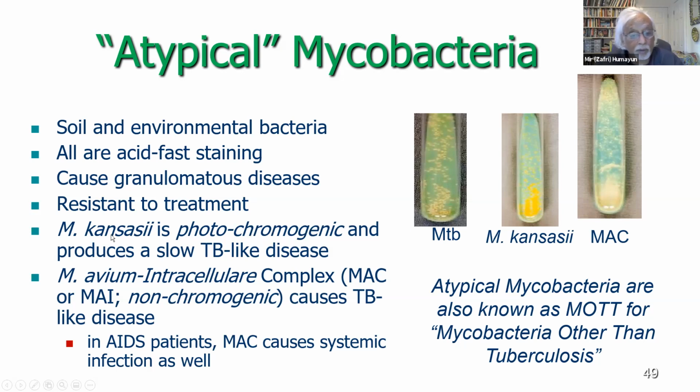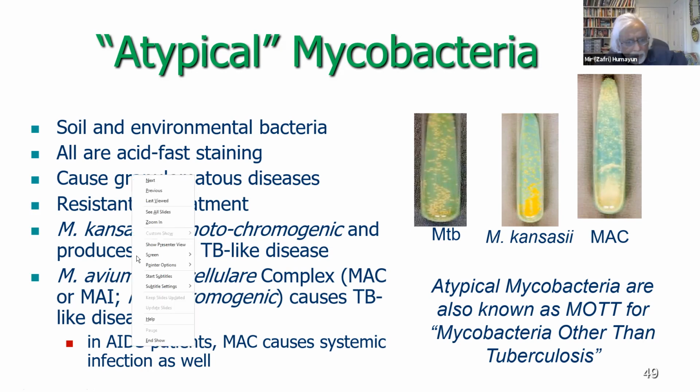What this means is when you grow colonies of Mycobacterium kansasii on an agar slant and incubate the agar slant in the presence of visible light, only in the presence of visible light, the colonies turn yellow, as shown here. And that property is called photochromogenicity. So that is an identifying characteristic of kansasii. Okay? As contrasted to the colonies of MAC, which, when grown in the presence of light, do not turn yellow, they remain colorless or white. Okay? All right.